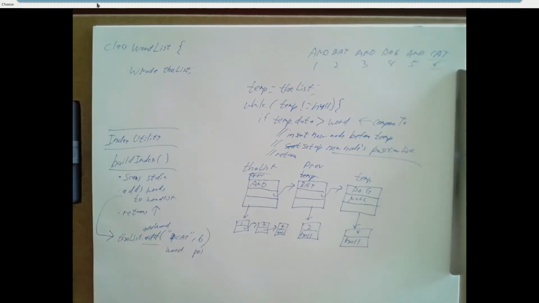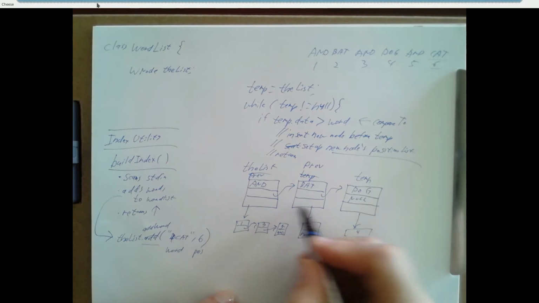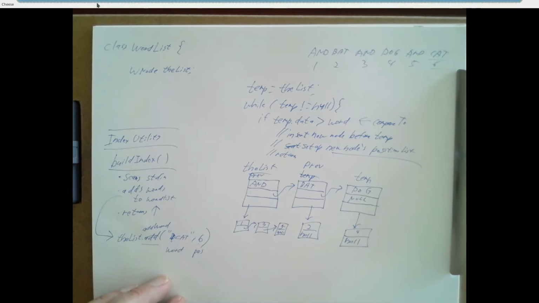So you can make the constructor of a position list accept an integer if you want, and it just creates a single node with that integer value next equal to null, right? And so when you construct your word node, you take your third field, position or whatever, and you just set that equal to the new position list, whatever position you're using.